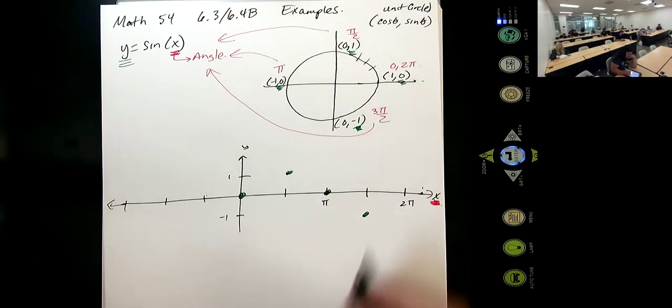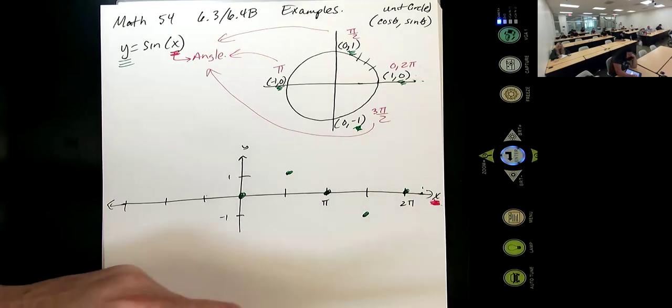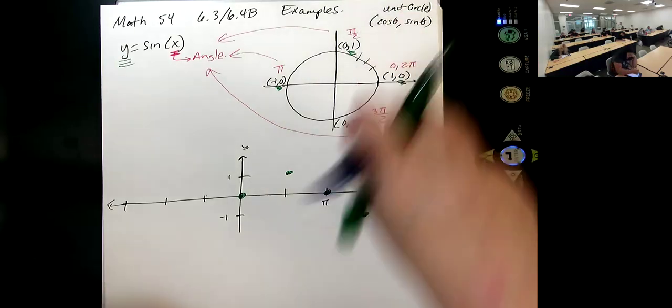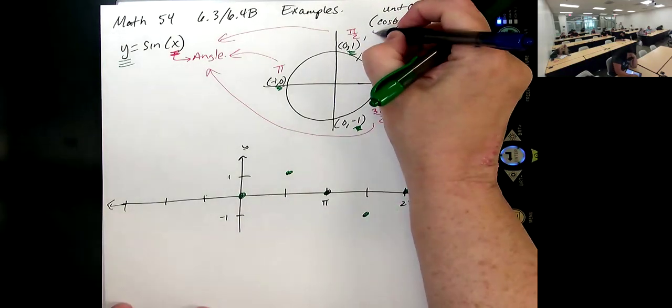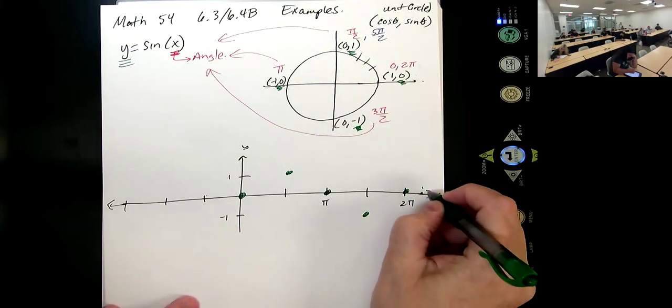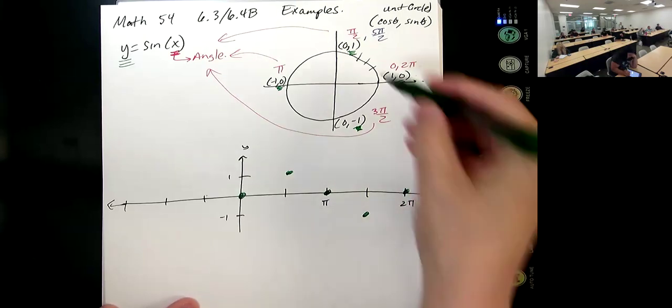And when x is 2 pi, we're back at 0. The next time around the lap, this would be 5 pi over 2, and we would be back at y equals 1.